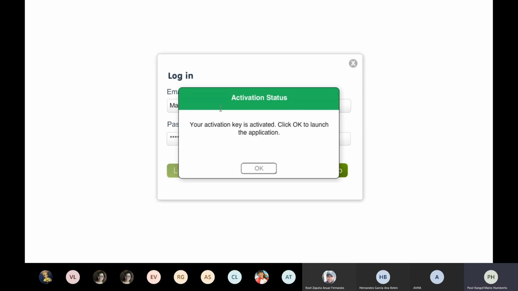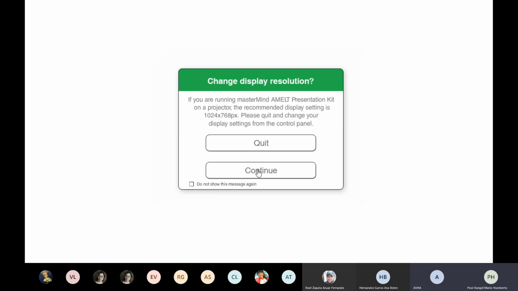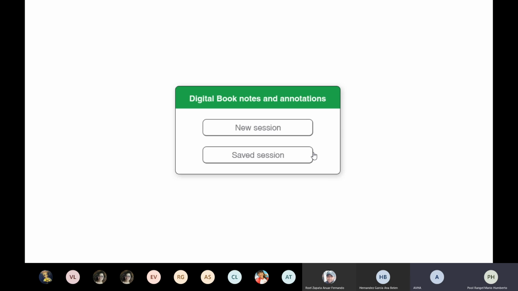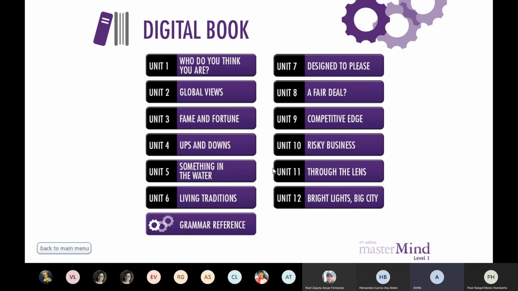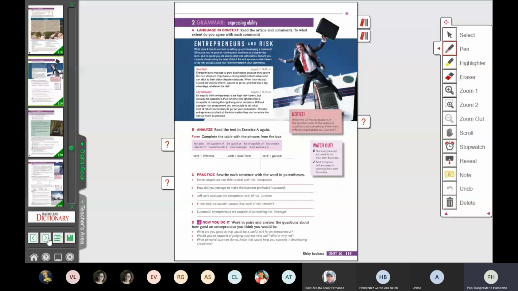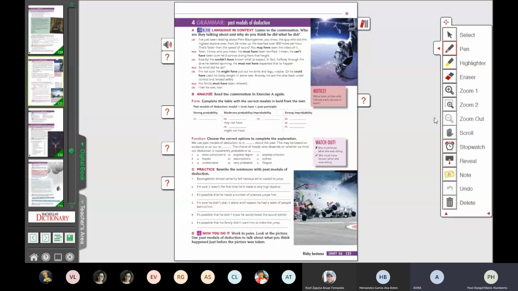Y ese va a ser todo mi auxiliar. Must have. And then I need a verb. How am I going to use the verb? Participle. In past participle, correct. I'm going to use the verb in past participle form.